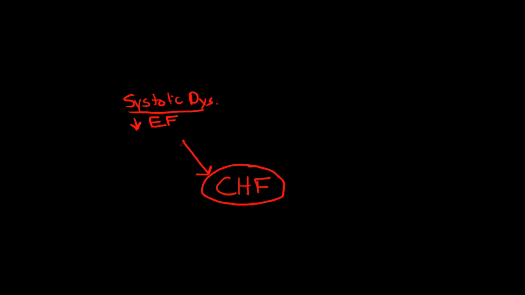Okay, so what happens? What causes CHF with systolic dysfunction or decreased EF? Well, one of the causes is damage to the myocardium by an MI. And then we have wall motion abnormalities.